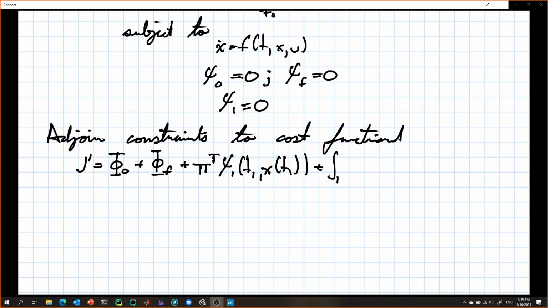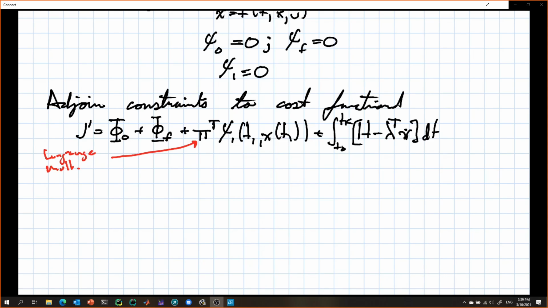And then the stuff in the integral is our Hamiltonian minus our costates times the dynamics, dt. As expected, these are Lagrange multipliers. One of the steps that doesn't match our previous derivations is that we split this integral over the two intervals.